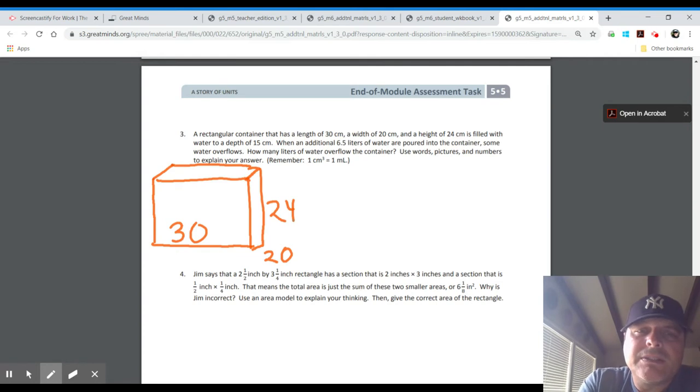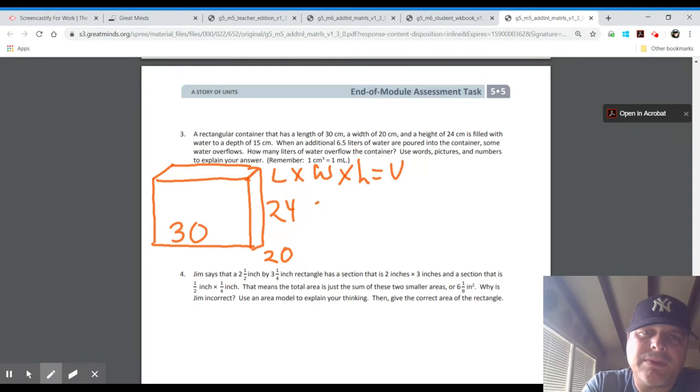So length times width times height equals our volume. So we have a length of 30 times a width of 20 times a height of 24.